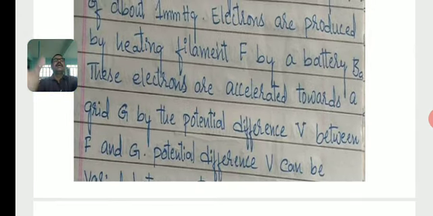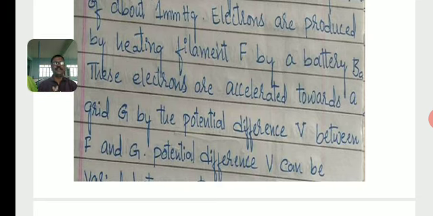Look here with respect to the diagram. We see a tube filled with mercury gas at 1 millimeter of mercury pressure, where a grid is at a positive potential.